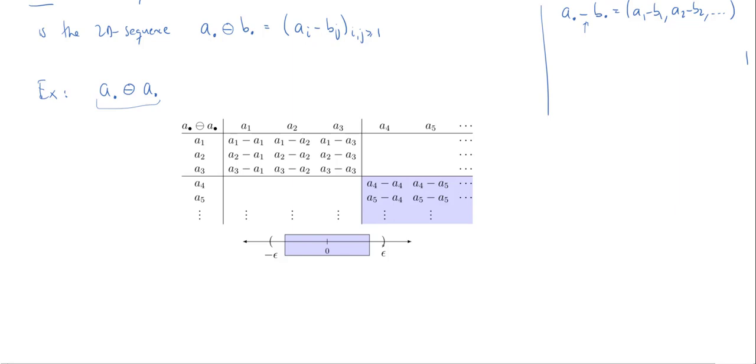Now, what does it mean if the terms are getting closer to each other? Then it means that their differences are getting closer to 0. So this is going to motivate our definition of a Cauchy sequence.